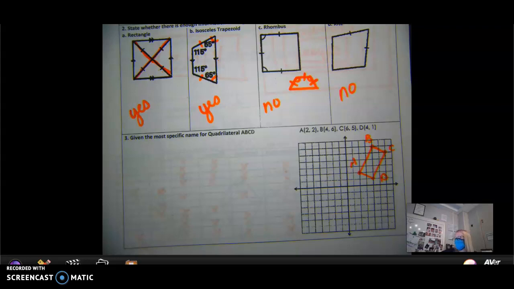Okay. For us to be able to prove that it's a rectangle, we need opposite sides parallel and opposite sides congruent. So what are the things I'm going to have to find on this? Slope and distance.